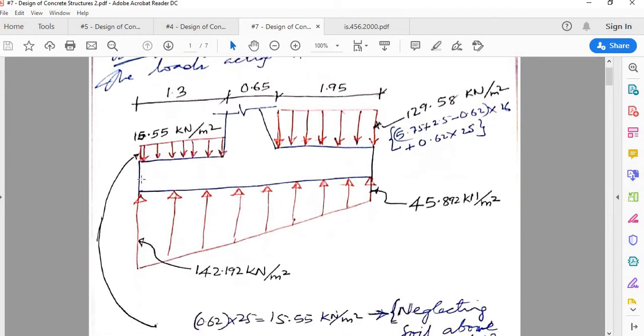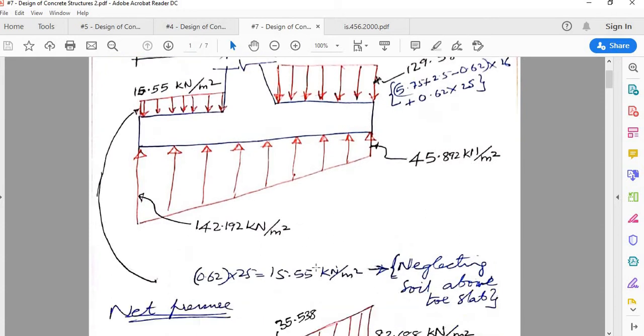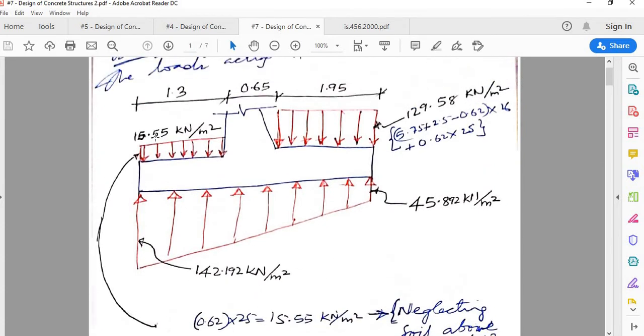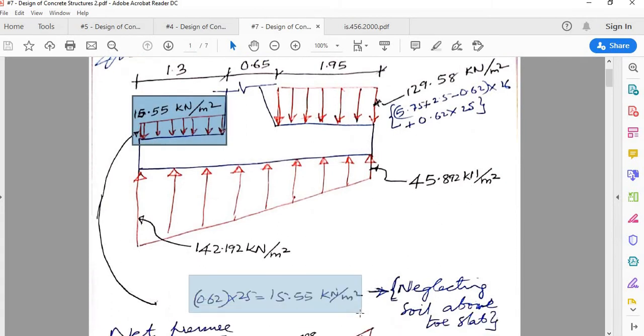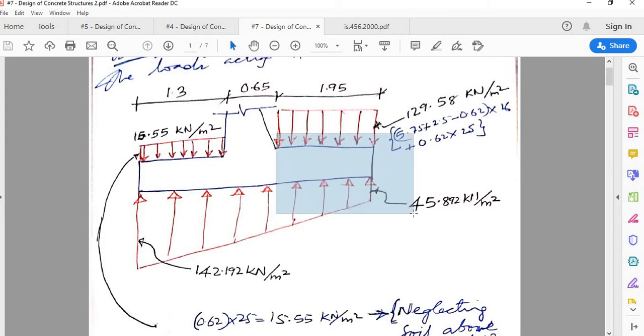Okay, so that's why here you have the soil bearing pressure acting upwards, and for the toe slab you will only have this particular component, which is only the self weight of the toe slab, nothing else, not the weight of the soil. Whereas when you come to the heel portion, you take everything.